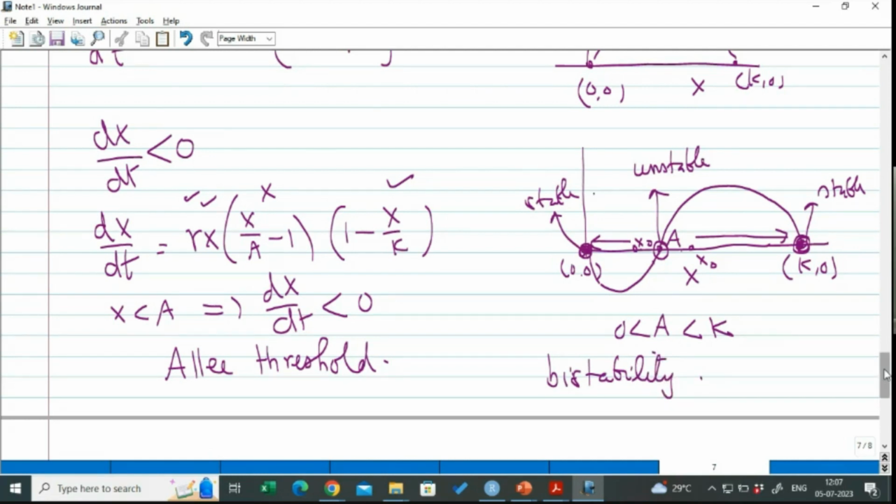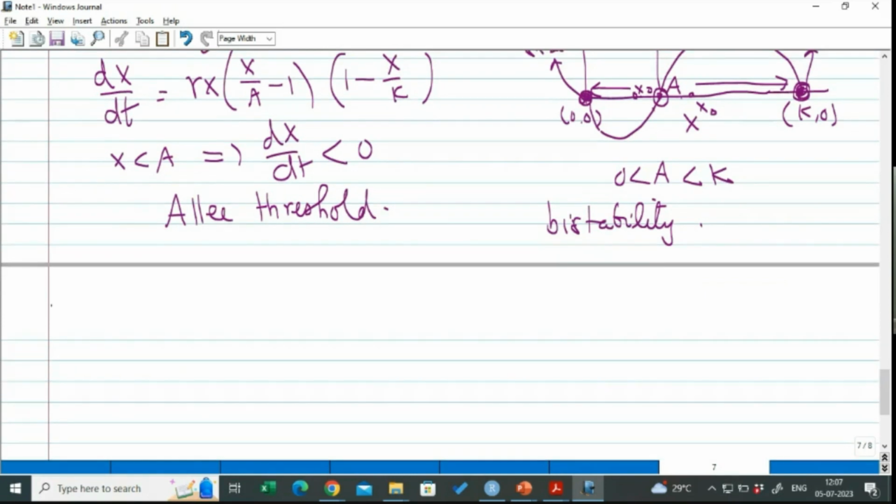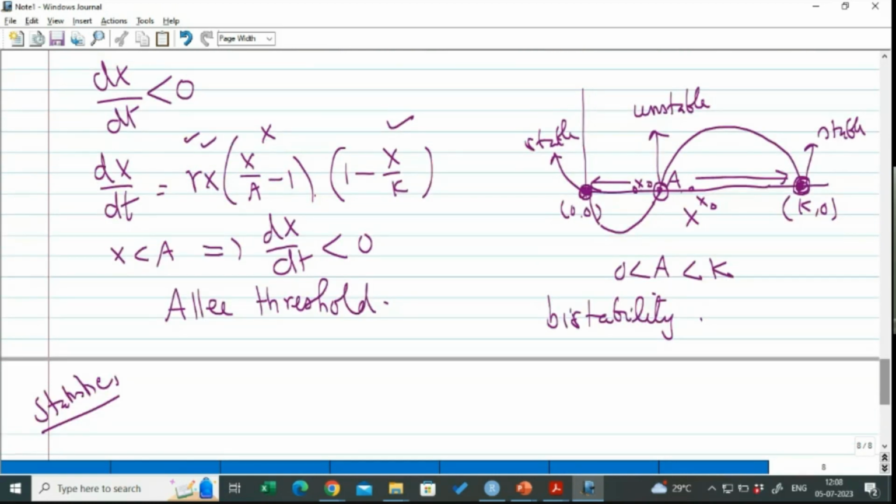Please understand how we visualize this from a statistics point of view. This is a deterministic system, a differential equation, and it has three equilibria: x star is equal to 0, A, and K. So how do we visualize these scenarios from a statistical point of view?